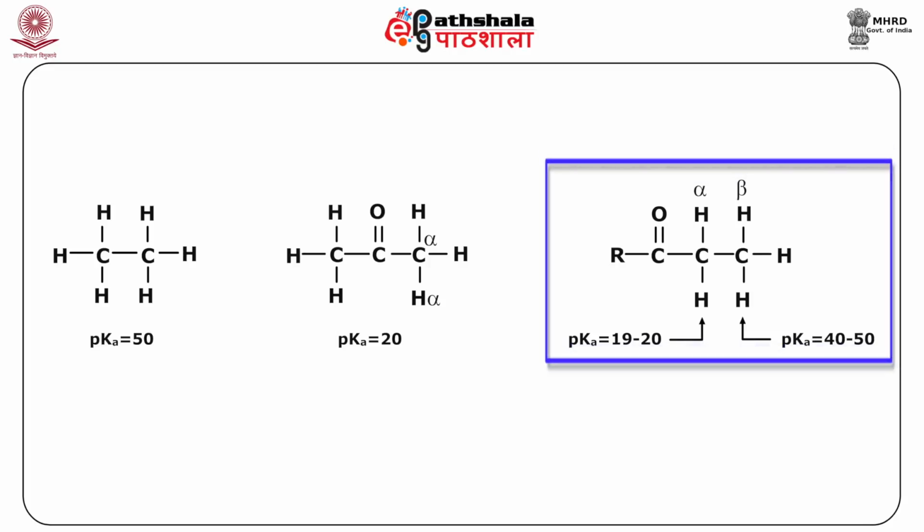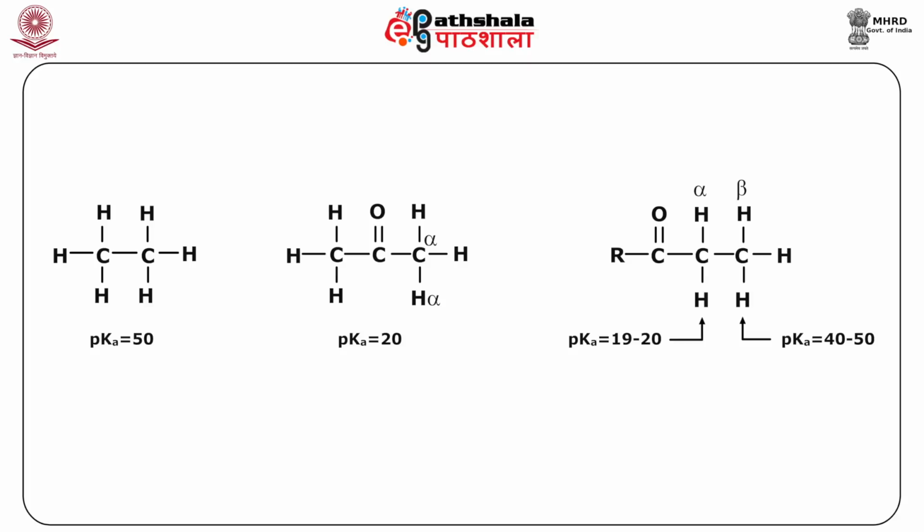So, they are more acidic than the beta hydrogens, whose pKa is 40 to 50. So, these beta hydrogens are behaving almost like alkanes, but the alpha hydrogens are more acidic. So, the alpha hydrogens of aldehydes and ketones are quite acidic as compared to the hydrogens of alkanes.